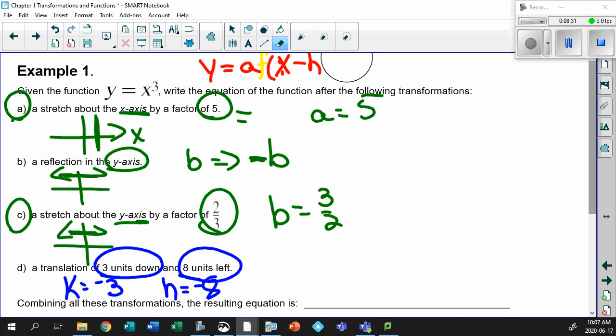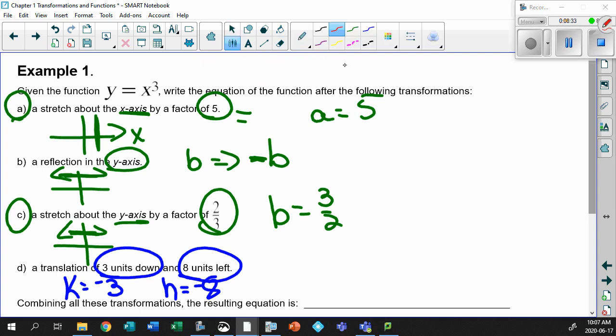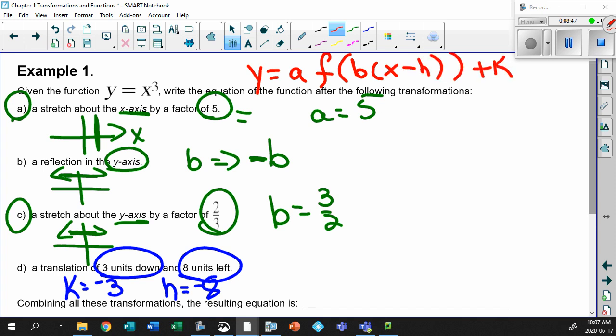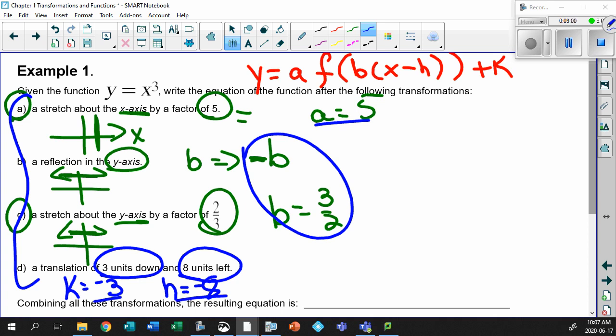Let's try it again. y equals a, there's my function. x, bracket, there's my b, there's my x minus h, bracket, plus k. All you got to do now that you've identified what everything is here is tell me there's your A value, there's your B value, there's your K value, there's your H value. Just throw them into the equation, right?